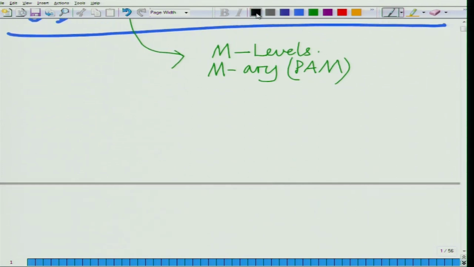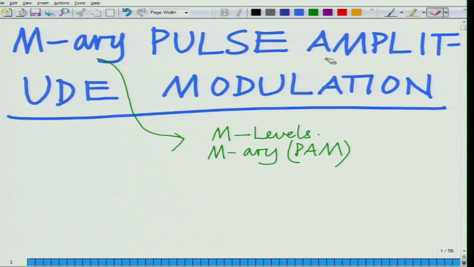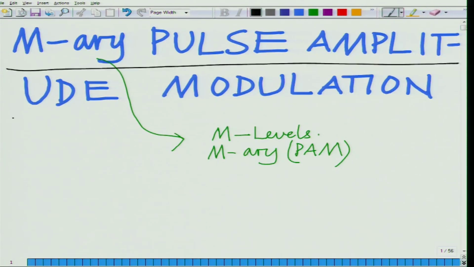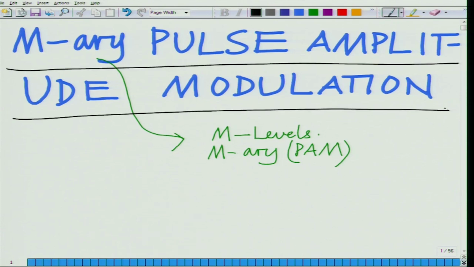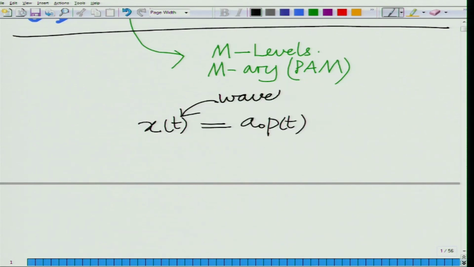So in this modulation scheme, if you look at the waveform, let us consider the waveform x(t) equals A naught times p(t). This is our waveform, the digital communication waveform.